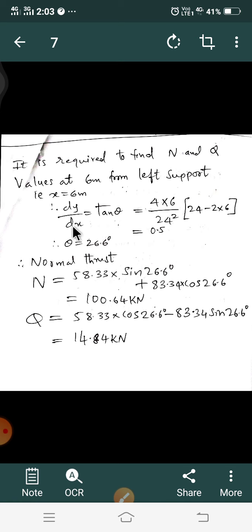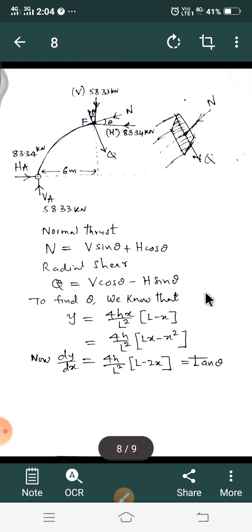Theta is equal to dy by dx, and dy by dx is the differentiation of the parabolic equation. So N is equal to V sin theta plus H cos theta. This is normal thrust. Radial shear, that is Q, is equal to V cos theta minus H sin theta.